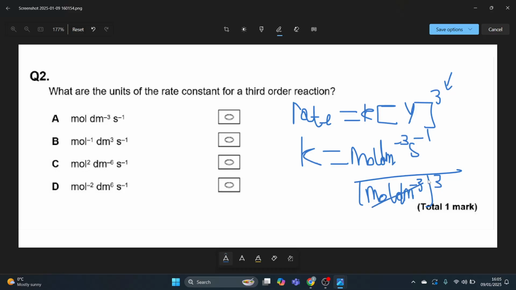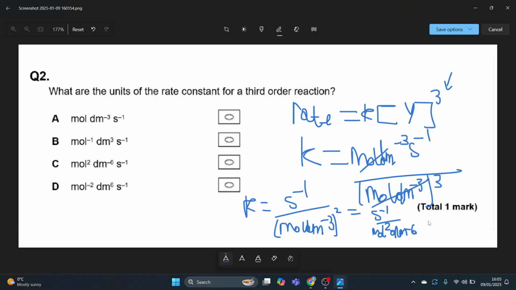What we can notice is that that'll cancel out, and now we're left with K equals s to the power minus 1 all over mol per dm cubed squared, and that is the same as s to the power minus 1 over mol to the power 2 dm to the power minus 6.